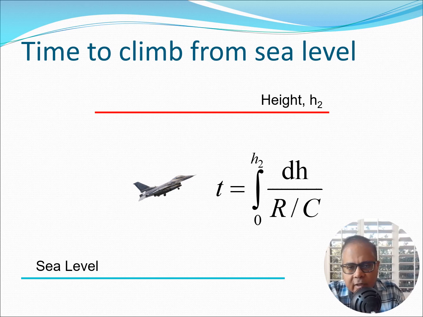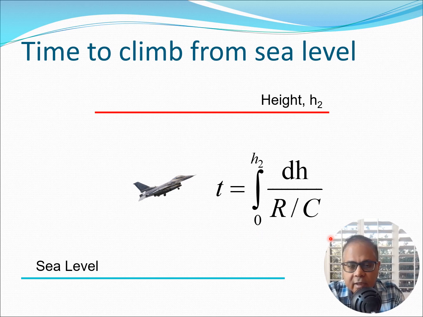Now many a time we are looking for the time to climb from sea level. Here I have shown the sea level situation, and let's say there is an aircraft taking off from sea level and then climbing to some altitude h2. So here I can say t is the integral from 0 to h2 of dh by R/C.